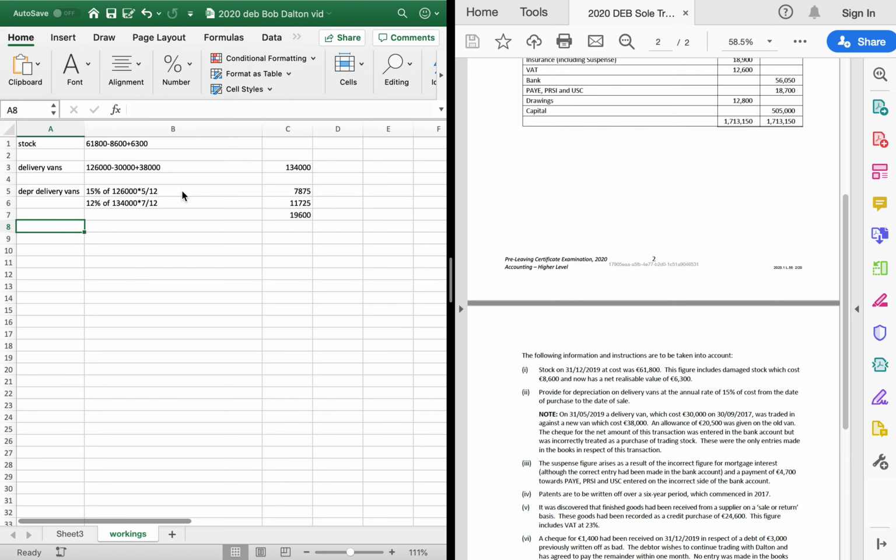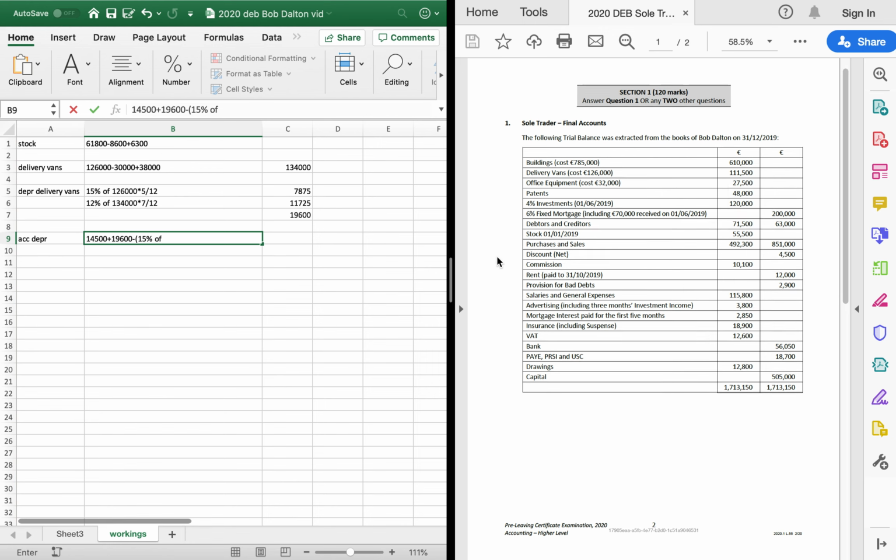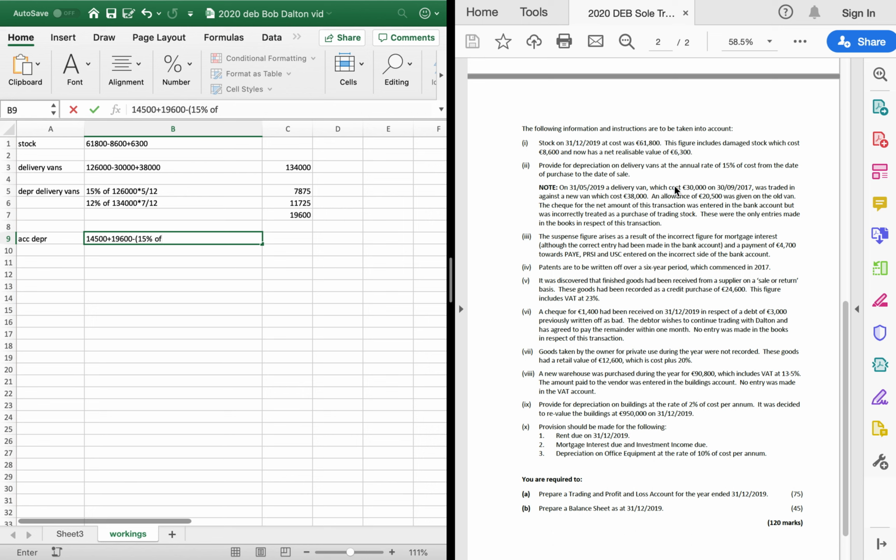So the second one then is the accumulated depreciation of delivery vans. So that'll start off with the difference between the 126 and the 111,500. So what's that? 14.5. Obviously add on the 19.6. And then we need to take away the depreciation on the van that we sold. So that'll be 15% of the van we sold, or the one we traded in, cost 30,000. So 15% of 30,000.